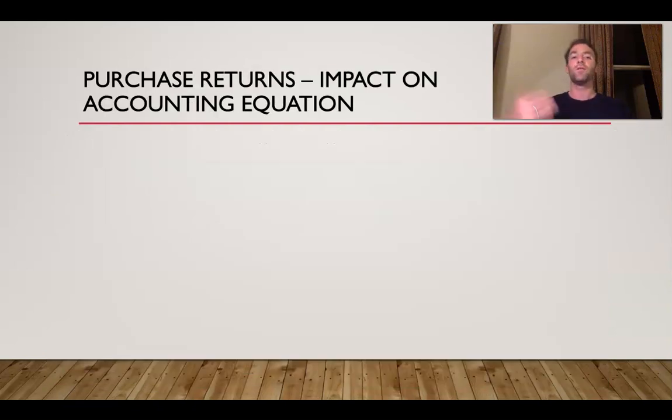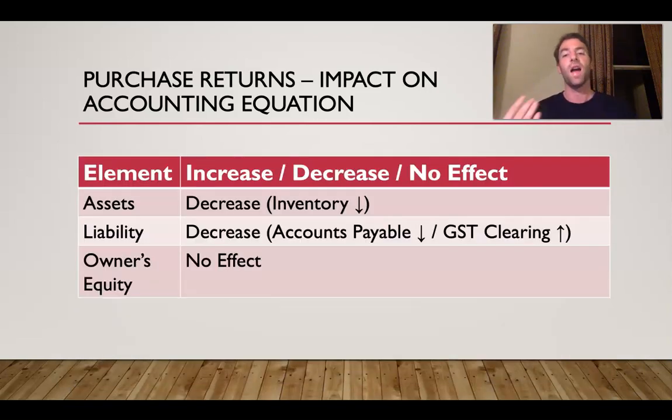Final slide before we have a quick review of our learning intentions and success criteria. What is the impact on our accounting equation because of a purchase return? Our assets are going to decrease because we have less inventory in our business. Less inventory because we've returned some of it. That decrease is matched because our liabilities are decreasing.